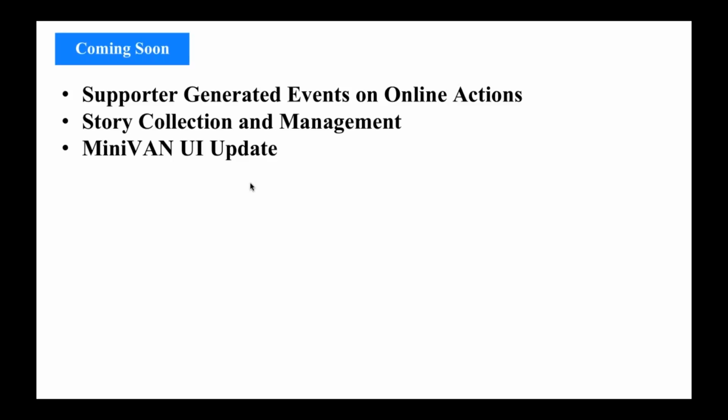The second piece of information we need is what version of Minivan they are running. A lot of times, especially right about now, folks are dusting off old devices that are 2-3 years out of date, which is why they're not seeing some of the features they're expecting to see. And the last information we need is about the canvasser and the list number. For example, Jen Willis was canvassing list number 1234 on August 14th. We have a lot of really extensive logging that we can look into, but we need those pieces of information to track down what's going on.